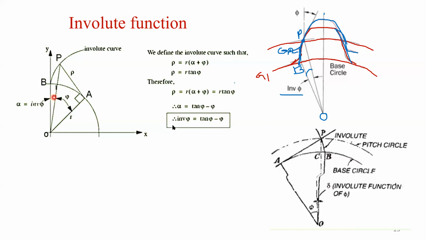Now, in order to derive this involute function, let us consider this diagram. AB represents the part of the base circle. Now, if we unwind this AB, it cuts the pitch circle at point P, which is called the pitch point.